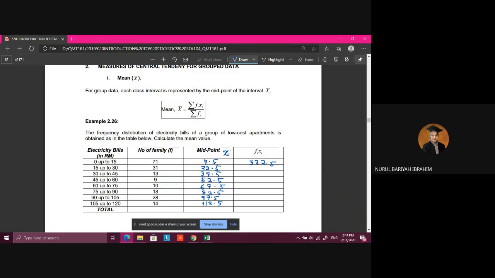Okay, the next one, 22.5 multiply 31, you akan dapat 697.5. So sama juga dekat sini, you kena buat for every row. Okay, so total here yang you akan dapat summation of fi xi. You total up this column, you akan dapat summation of fi xi.